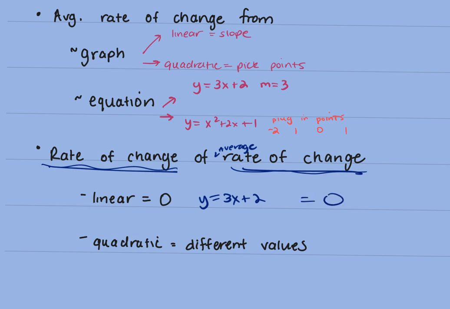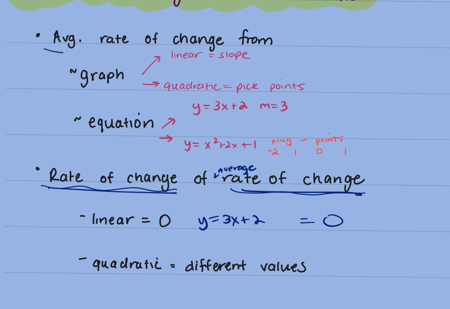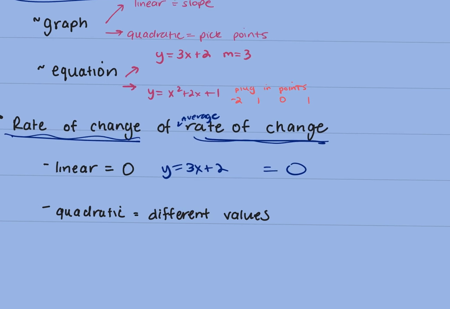So just one level, just one rate of change, it's the slope, but the rate of change of the rate of change for a linear is 0. The quadratic, the rate of change is going to be different, but the rate of change of the rate of change is going to be the same. And it could be 2, or it could be 3, or it could be 2/3, or it could be anything there, okay?